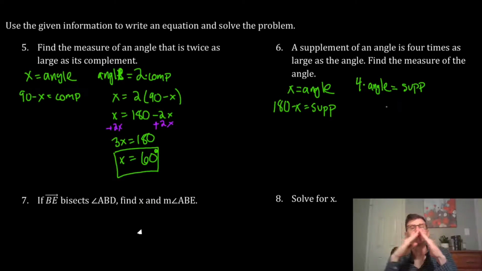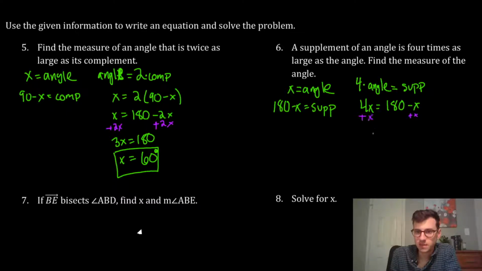So we have our angle. We know that 4 times that angle is the supplement. Now let's substitute in. So 4x equals 180 minus x. Let's add x to both sides. 5x equals 180.